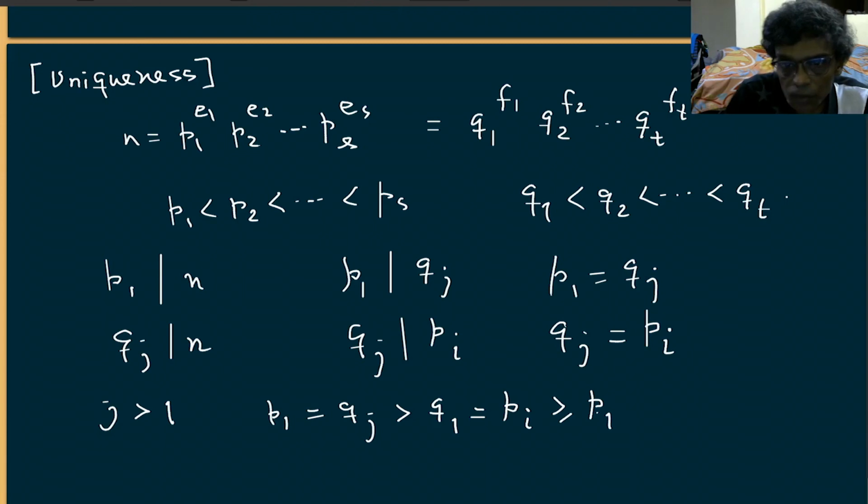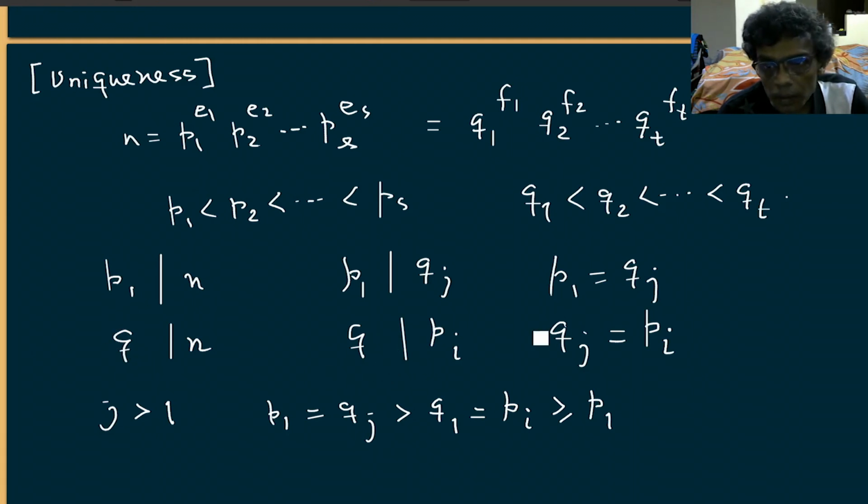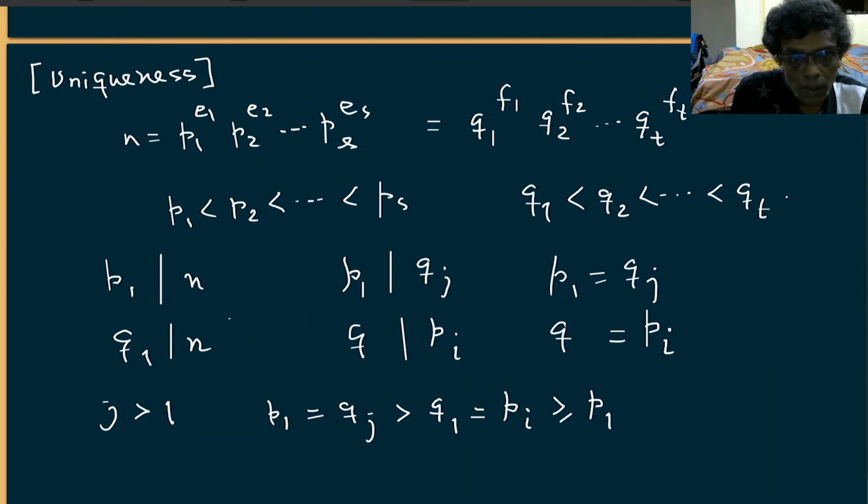Okay. So I do it for not Qj, I will do it for Q1. So P1 divides n, so it must be equal to some Qj.